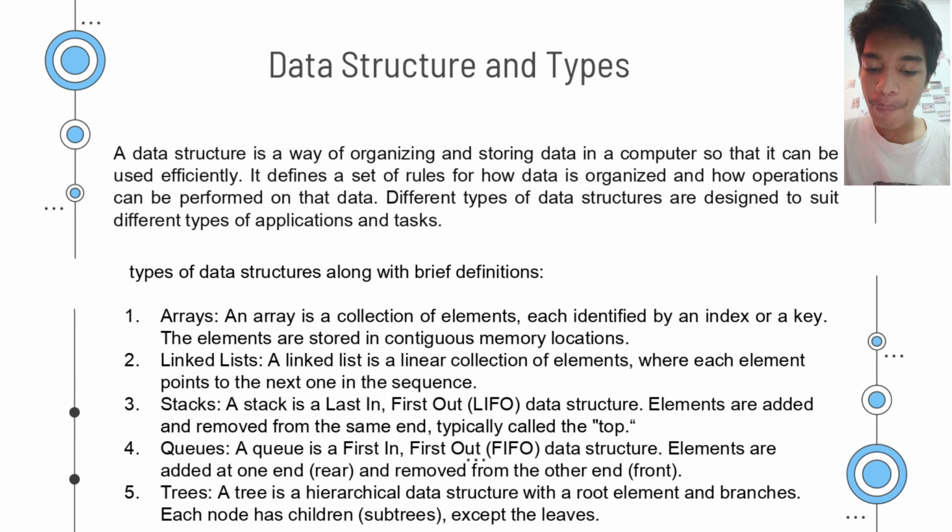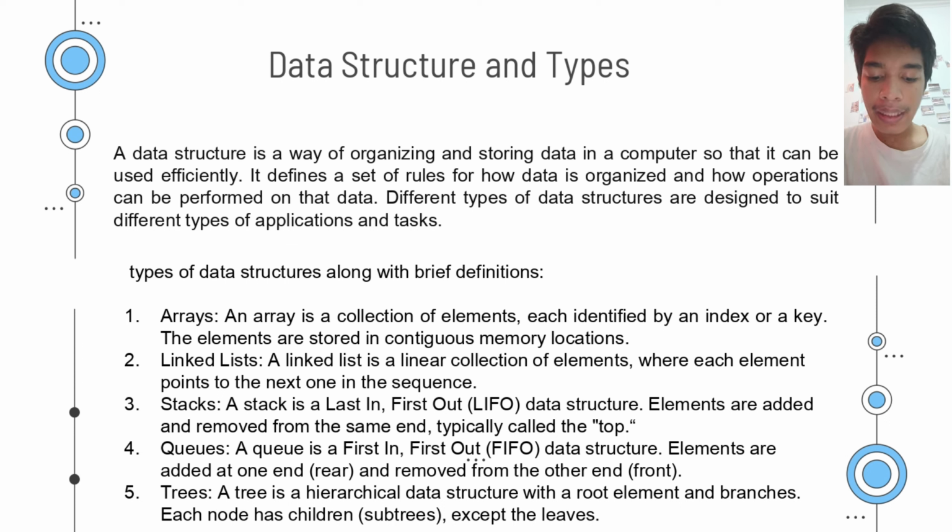Okay, we can see the types of data structures along with brief definitions. First, array. An array is a collection of elements, identified by an index or a key. The elements are stored in contiguous memory locations.